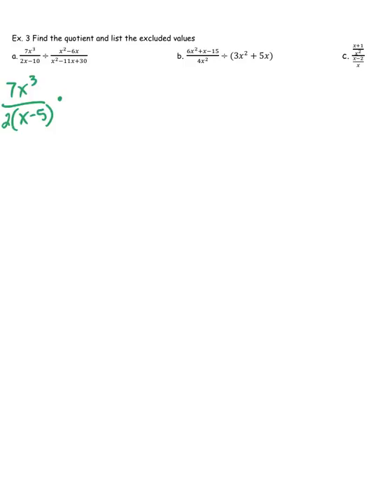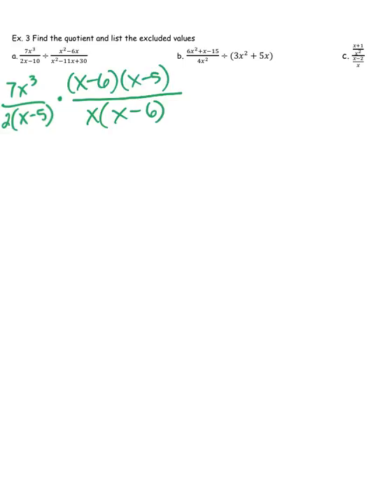Multiplying by my reciprocal, that means that x squared minus 11x plus 30 is going to go at the top. So factoring that, I need factors of 30 that add up to negative 11. That's going to be negative 6 and negative 5. So I have x minus 6 and x minus 5 over the x squared minus 6x, which has a GCF of x, so that leaves me with x times x minus 6.